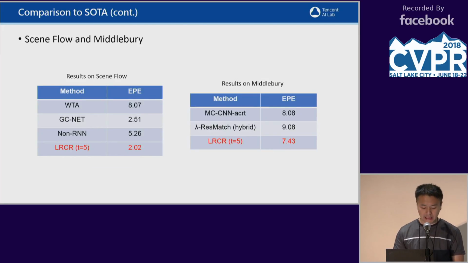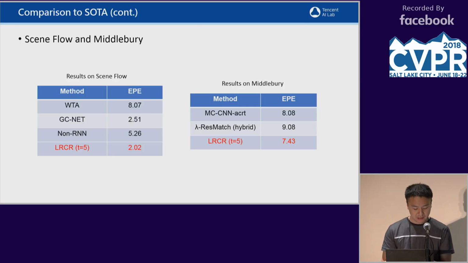And on another two popular benchmark datasets, SceneFlow and Middlebury, our model also performs better than several existing methods, including winner-takes-all strategy, GCNet, MCCN, and L2 rest match.